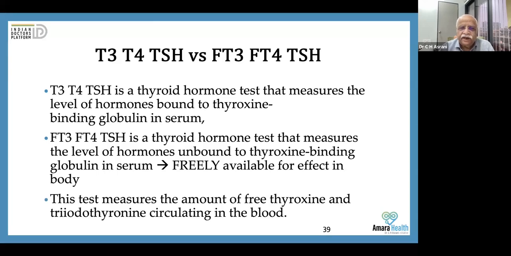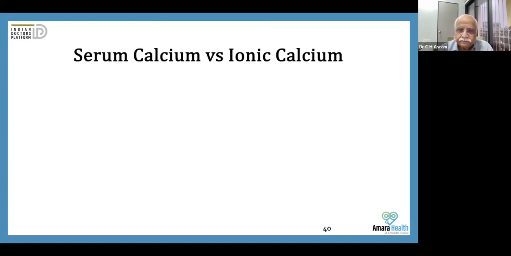This test measures the amount of free thyroxine and free triiodothyronine, or T3 or T4, circulating in the blood that is available for cells to act upon. So now we come back to serum calcium versus ionic calcium.